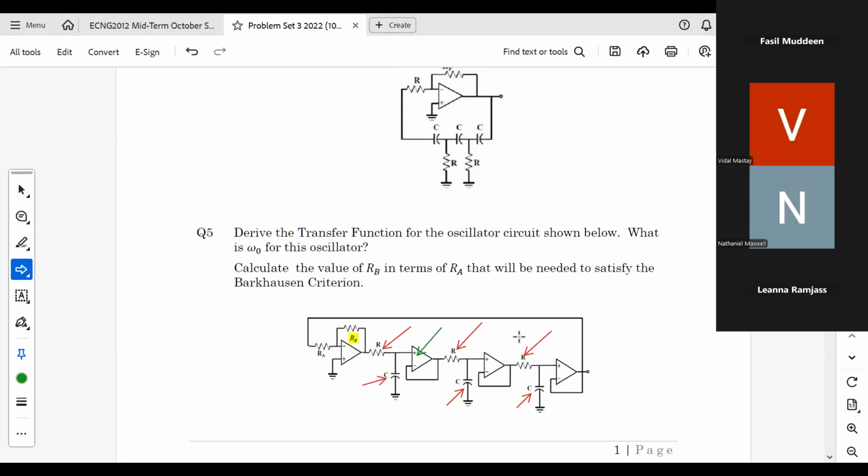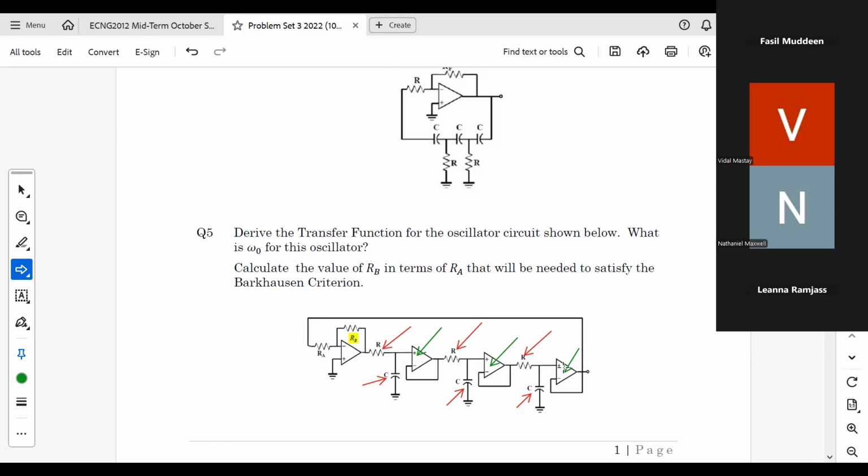So these three op-amps, because they are voltage followers, essentially separate each RC section from the other one. So you could calculate the transfer function for one here, and then the transfer function for all three of them will be T1 multiplied by T2 multiplied by T3. And since they're identical, it is the transfer function cubed.